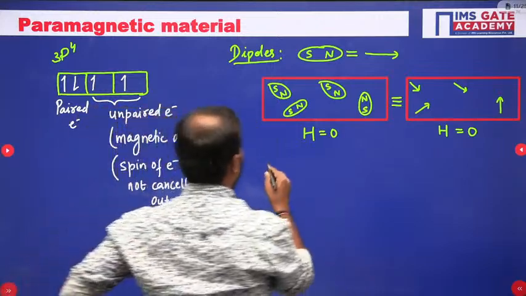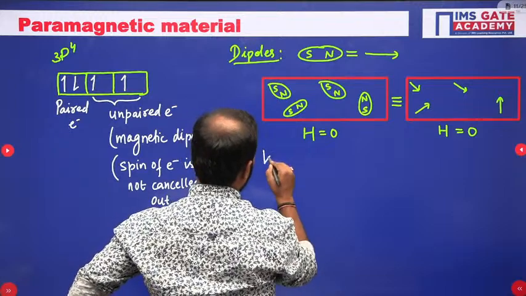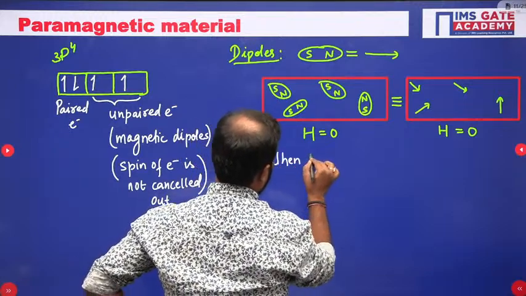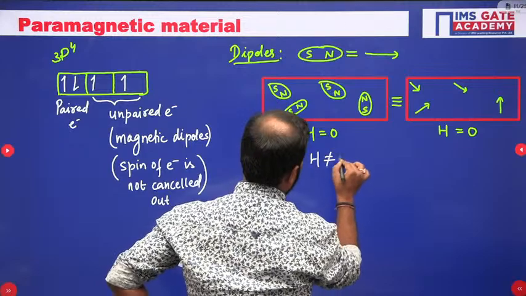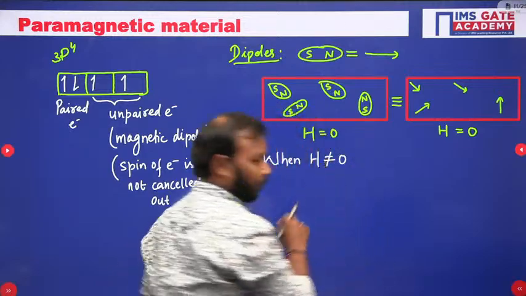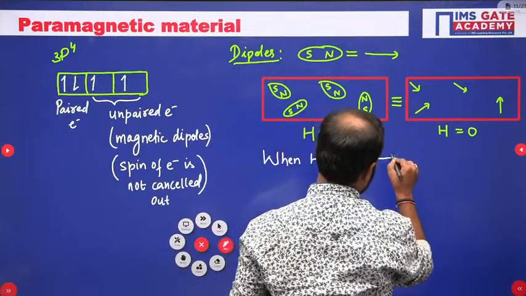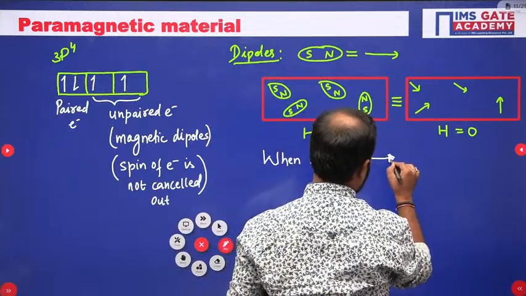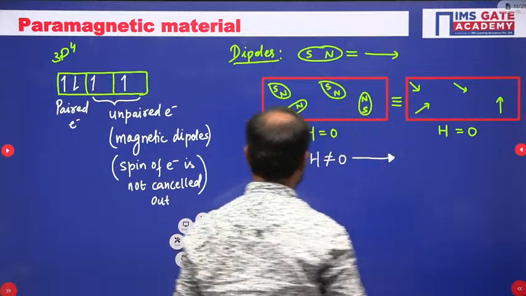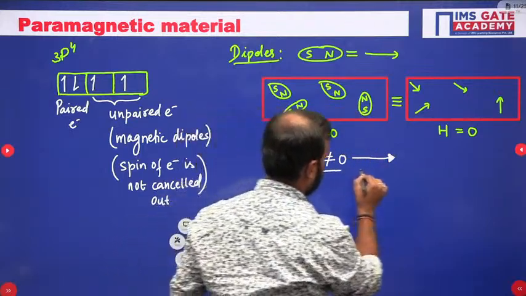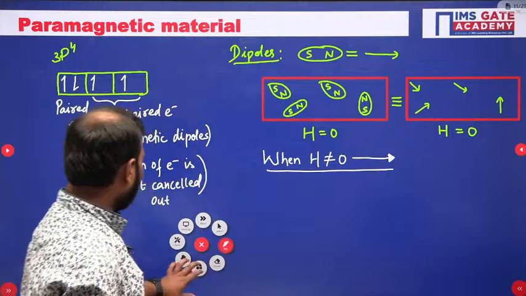Now what if magnetic field is applied? Meaning when H is not equal to 0. And let me take this, this is the external magnetic field which is applied in this direction. Ajay, any doubt?